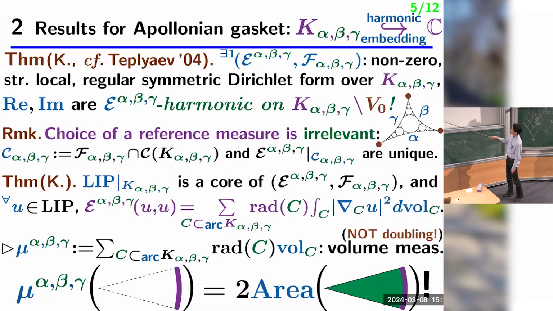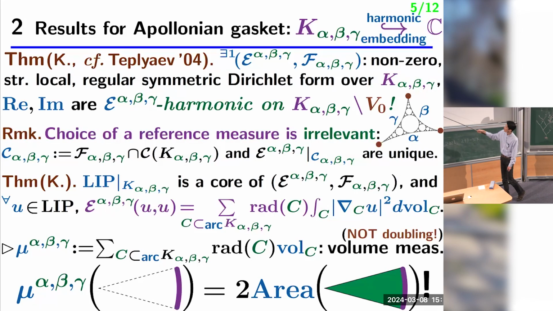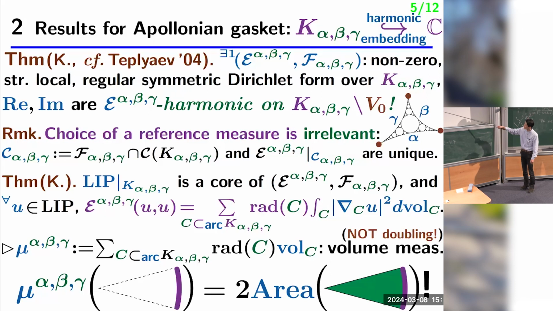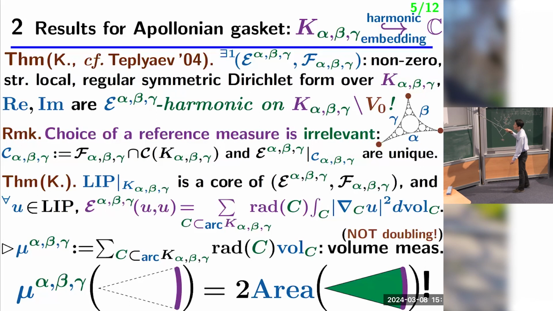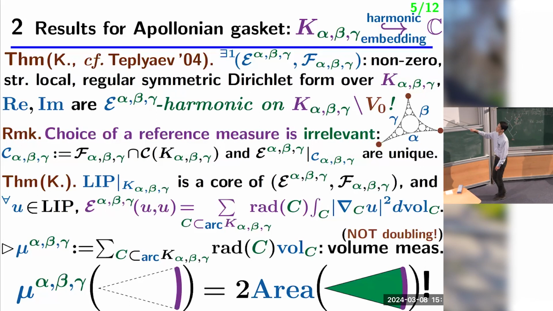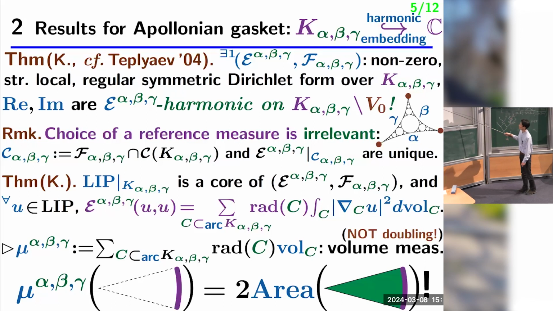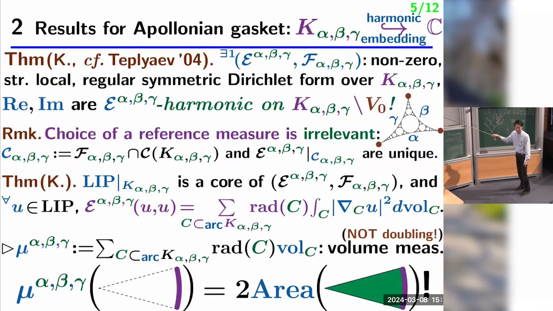Suppose this is some part of one of the arcs C in the Apollonian gasket. Then its measure under this reference measure is given by twice the area of this sector region. So it's supported on this arc, but its quantitative behavior is kind of two-dimensional in this way.